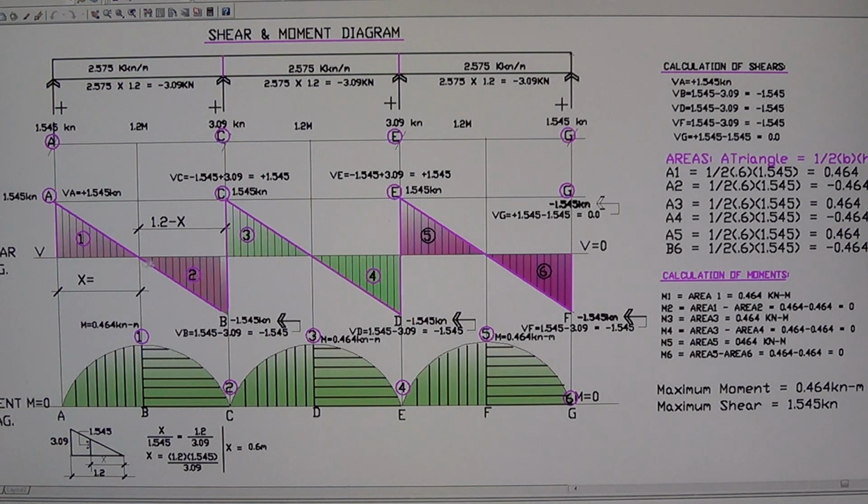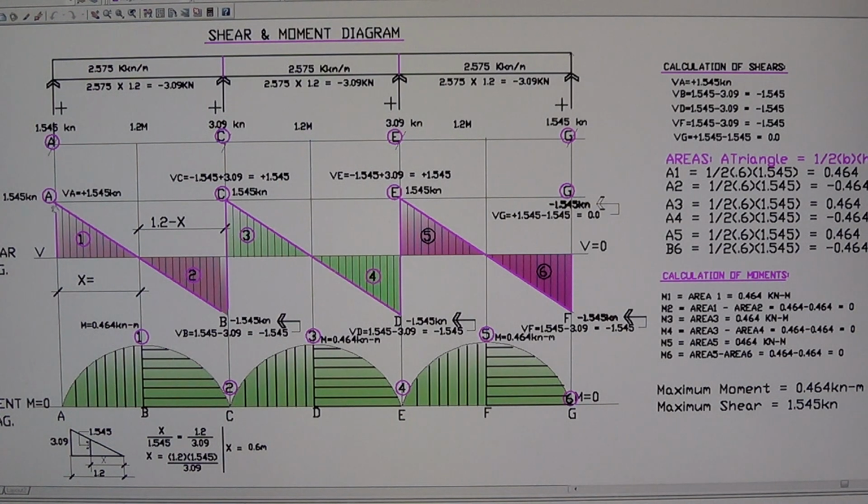From the zero line of shear, this is the division between the positive and the negative shear values. To draw the shear line for A, you calibrate and locate 1.545.